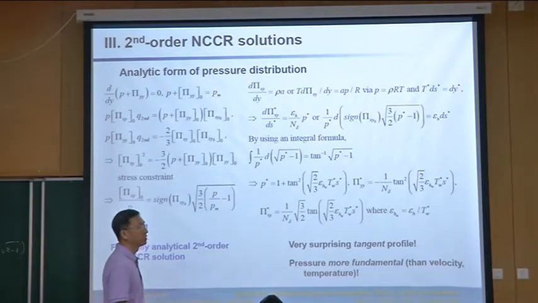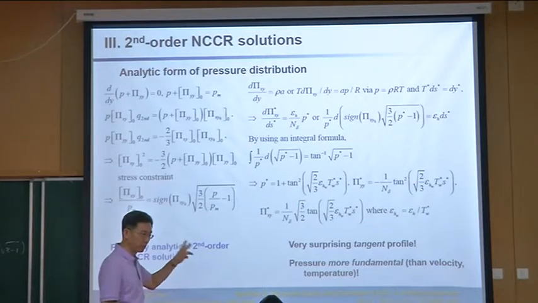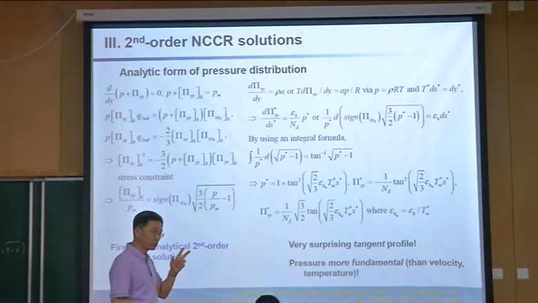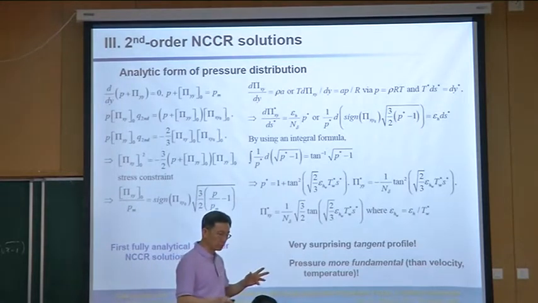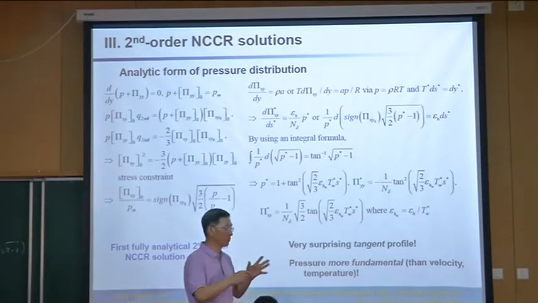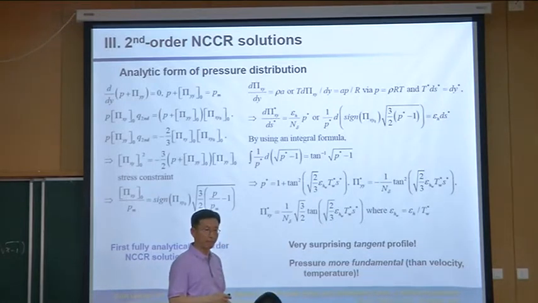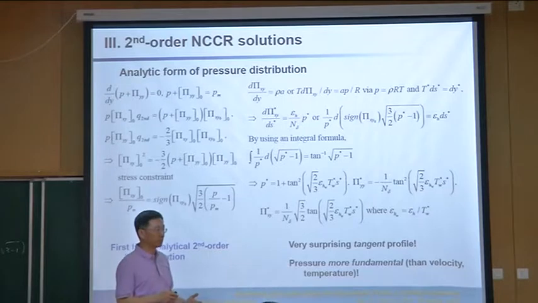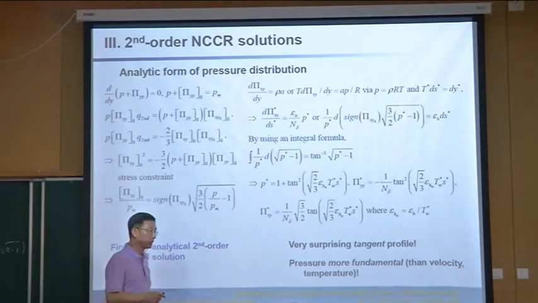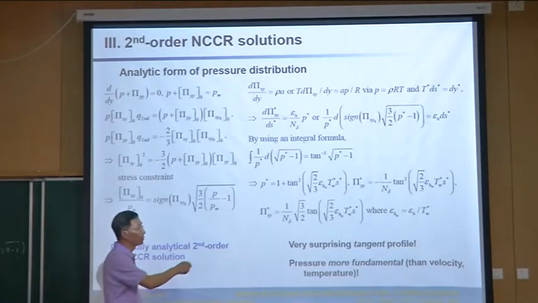And also, we didn't apply any slip and temperature jump condition at this moment. So force-driven problem is not a matter of slip or jump condition. It's a matter of bulk flow. I'm not saying slip or jump condition is not important, but generally this is more important.